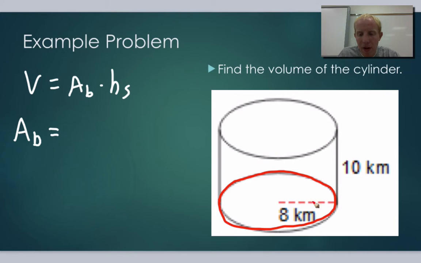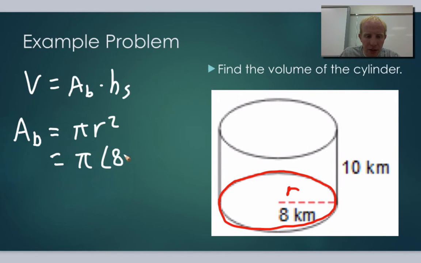In this case, it's giving us the fact that 8 kilometers is the radius of the circle. For a circle, we know that the area is just pi r squared. So we do pi times the radius squared, which in this case is 8 squared, or 64 pi.